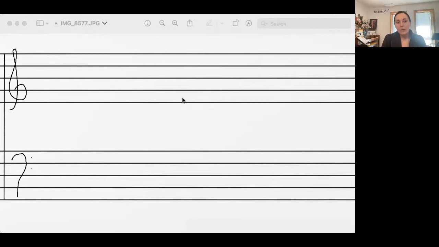Where in a root position chord or a first inversion chord, in a triad anyway, you might double the root, in this case, we're always doubling the bass, which is the 5th of the chord. That's weird. That is, and again, that is going to reinforce a different function than if we were just doing the regular root position or first inversion.